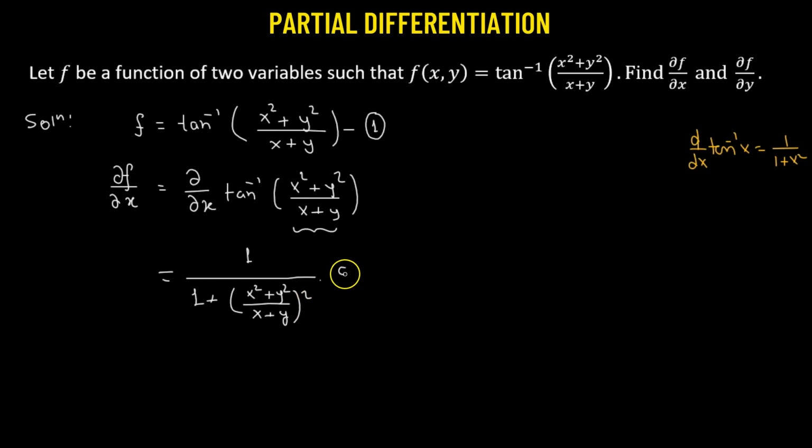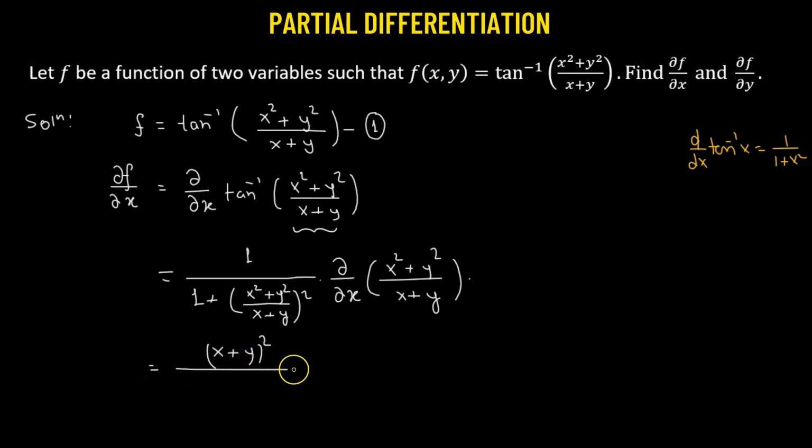But then we'll have to multiply it by the partial derivative with respect to x of the argument, x squared plus y squared divided by x plus y. So here we use the chain rule. Solving this gives us x plus y whole squared, and in the denominator we have x plus y whole squared plus x squared plus y squared whole squared.